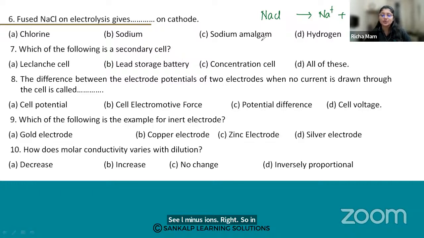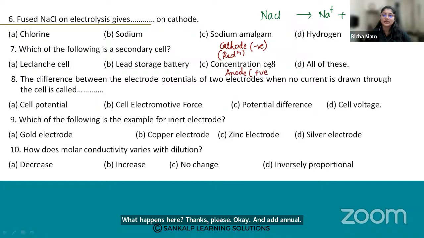Cathode is the negative terminal, and reduction takes place there. Anode is the positive terminal, and oxidation takes place there. What do you mean by oxidation and what do you mean by reduction?